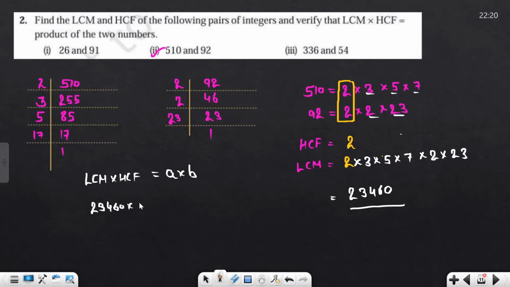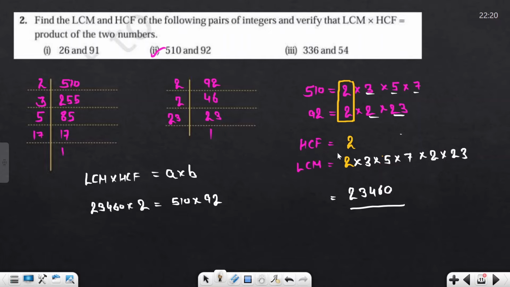HCF is 2 and the first number is 510, second number is 92. Okay, if you don't want to multiply, you can compare factors. The common factor we write one time, here we write one time. When you multiply both, then it's all factors.